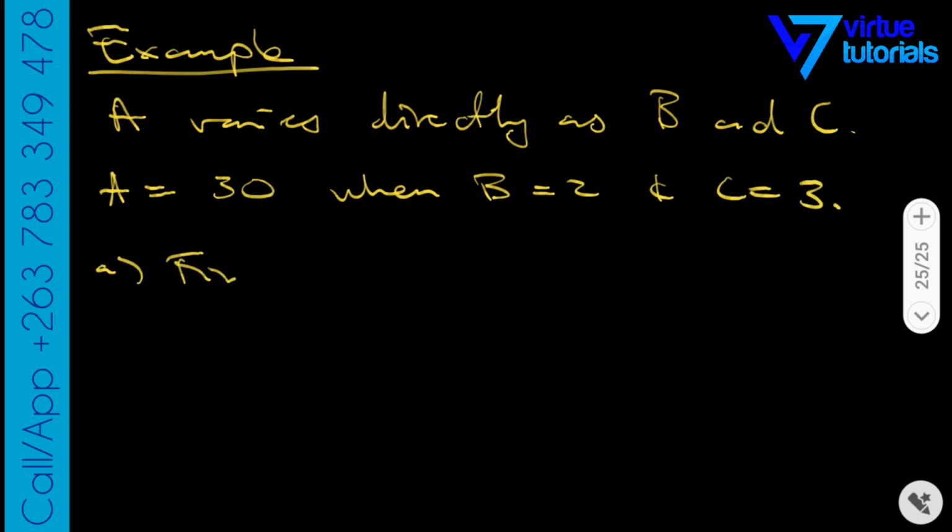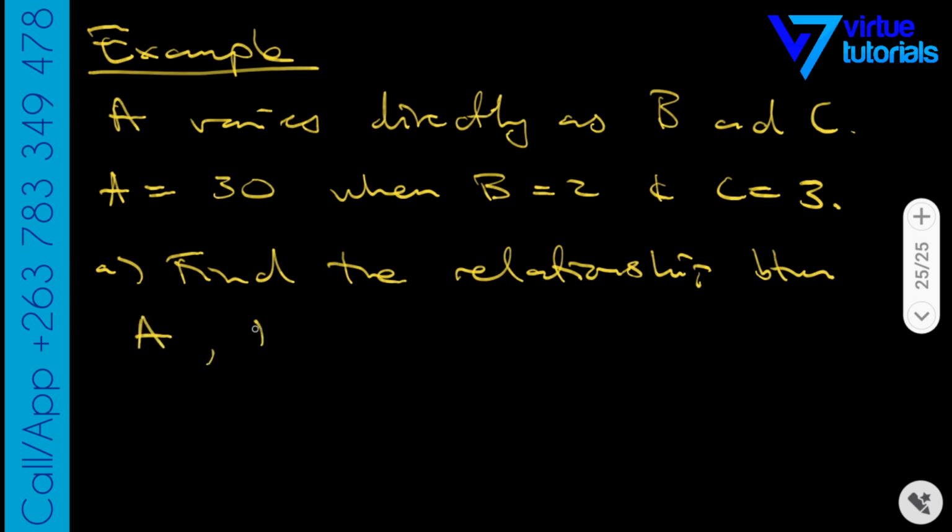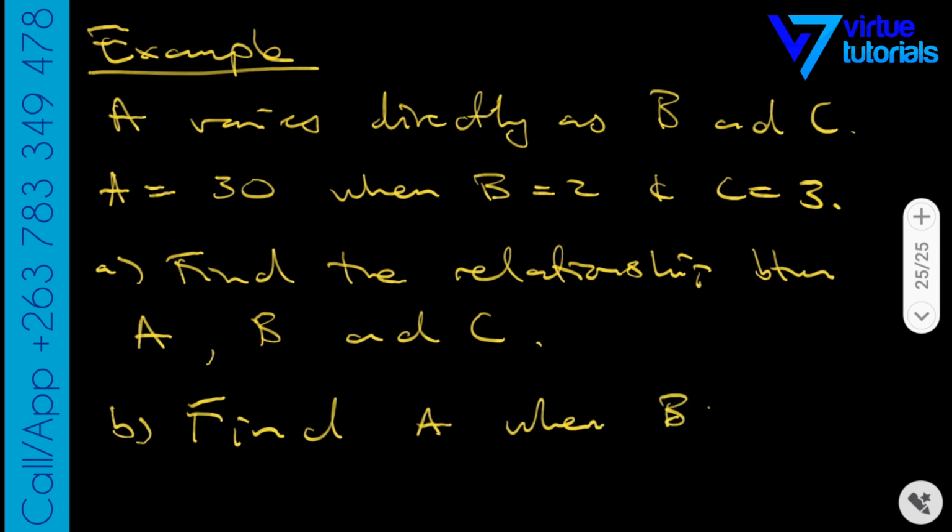A, find the relationship between A, B, and C. B, find A when B is equal to 4 and C is equal to 5.